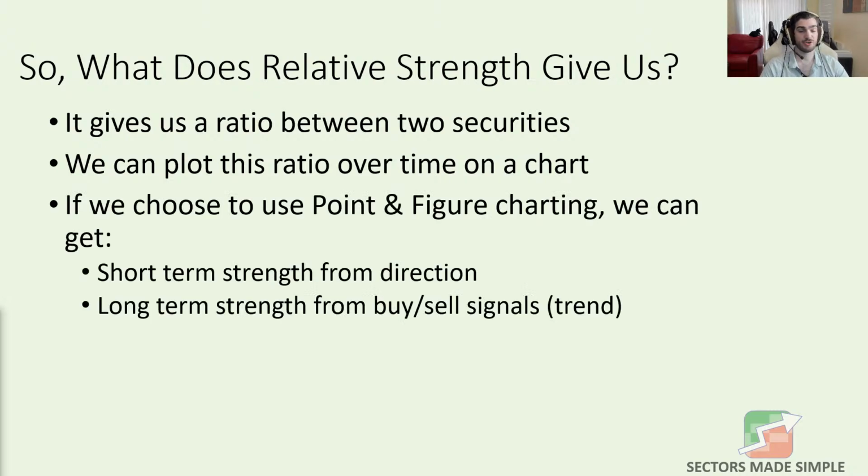That point and figure chart, should we choose to use it, gives us two big pieces of information: short-term direction and long-term trend. With those two pieces of information, we now know a lot more about that thing we're looking at, because we now know something that is not just its price.